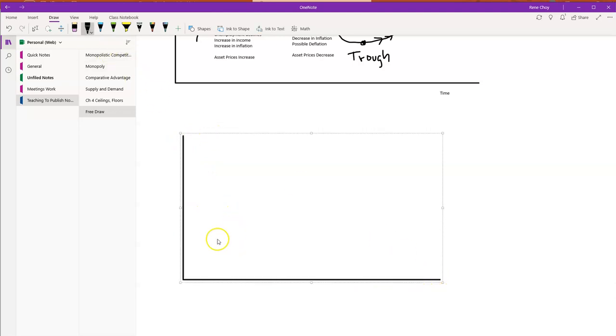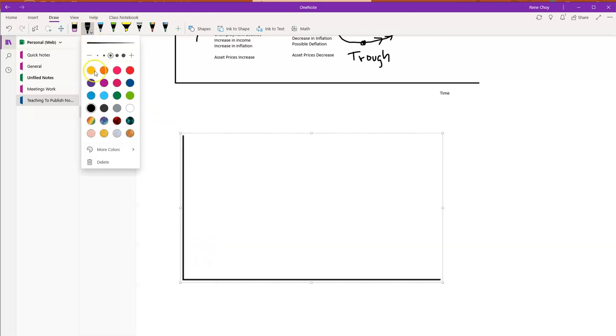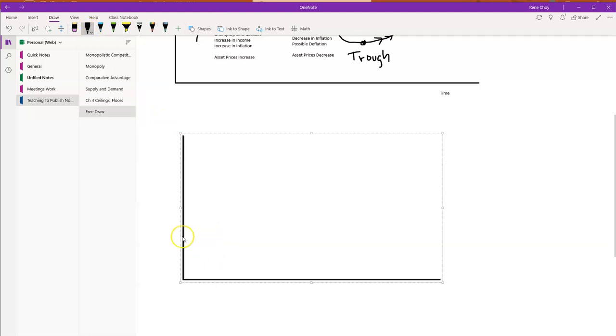What we see is an increase in economic activity followed by a decrease in economic activity, but the trough is usually higher than the previous trough, and then we continue to go up, and the next peak is higher than the previous peak.